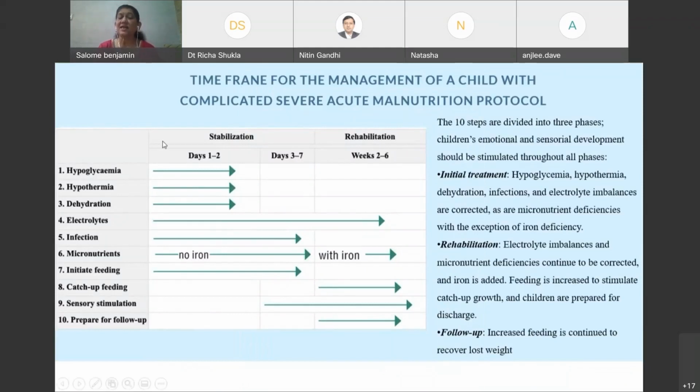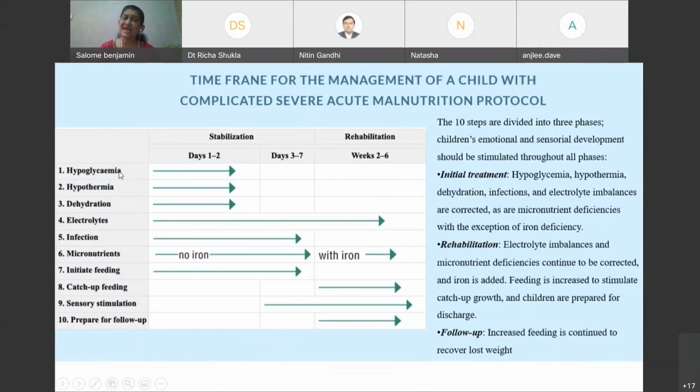So there is a complicated severe acute malnutrition protocol. We see phase 1, that is the stabilization phase from day 1 to day 7. Then there is a rehab phase, which is week 2 to week 6. What we see initially is hypoglycemia, hypothermia, and hypoxia.